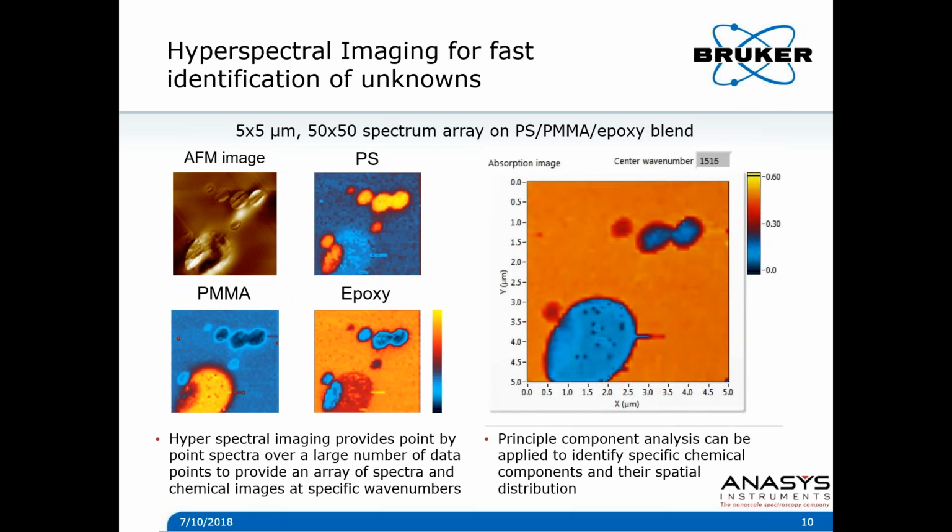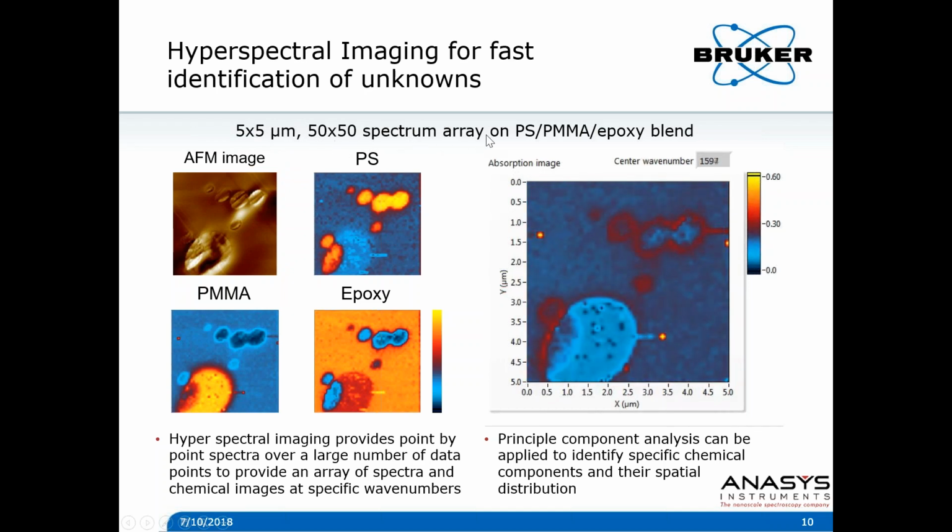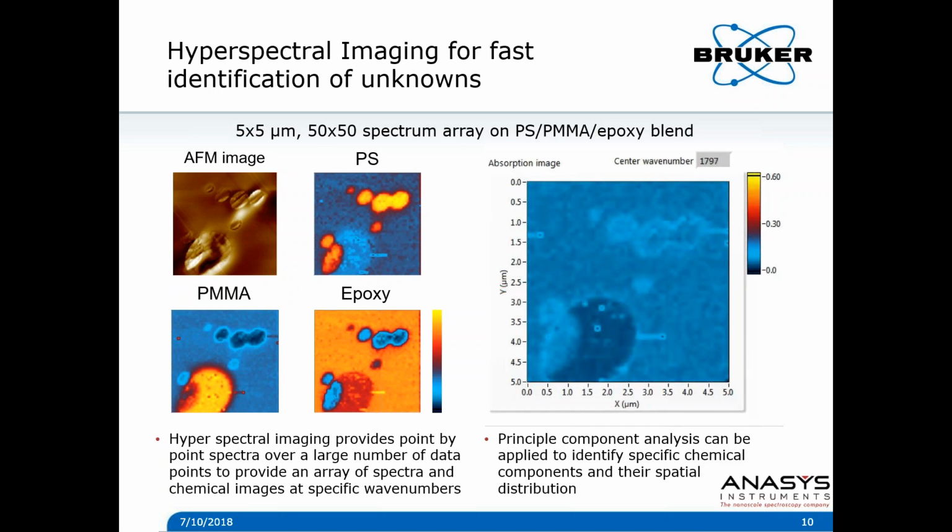An example here is the 5 micron by 5 micron, 50 by 50 spectrum array on a standard sample that those of you who have a Nano IR will recognize immediately. It's a powerful capability. It's a great way for you to look at the whole of the sample across a broad array, and it is being used quite significantly by our Nano IR users.